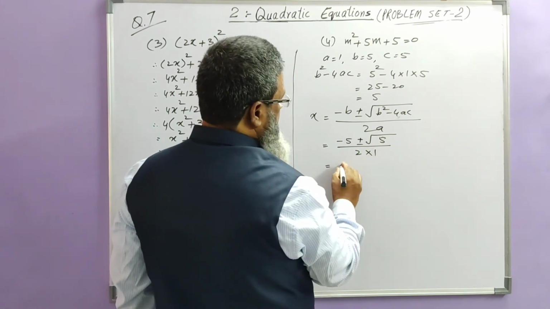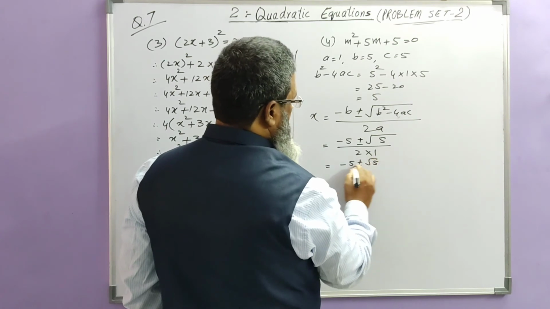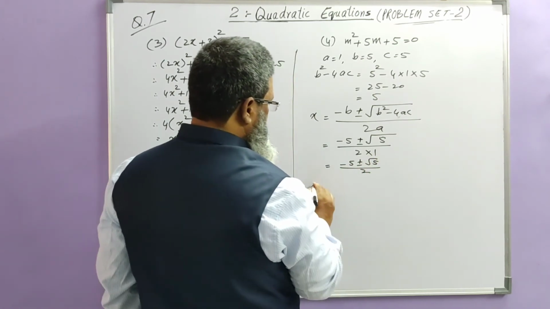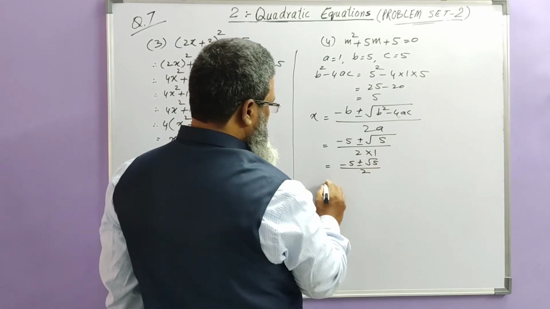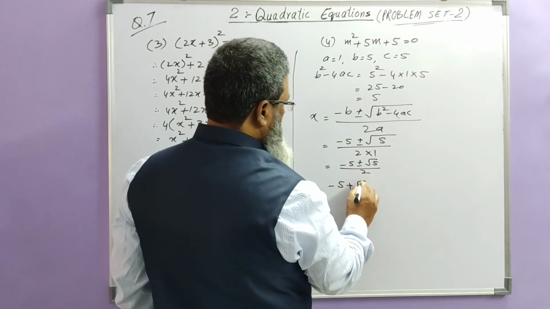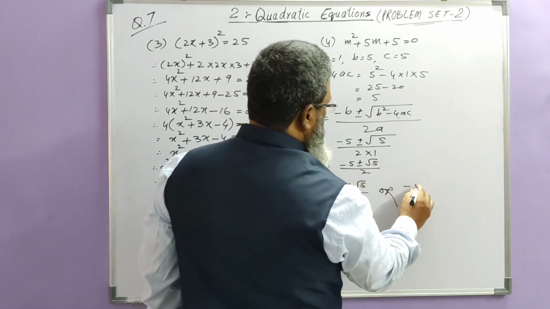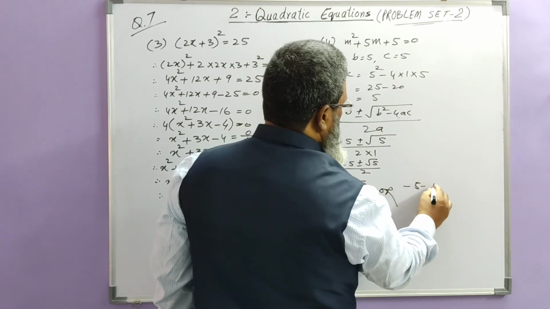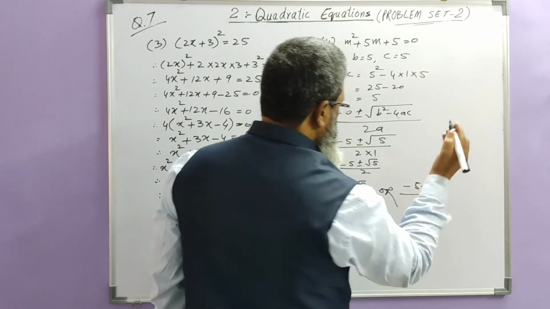So this will become minus 5 plus minus root 5 upon 2. So the answer is, separating it, therefore minus 5 plus root 5 upon 2 or minus 5 minus root 5 upon 2 is the answer.